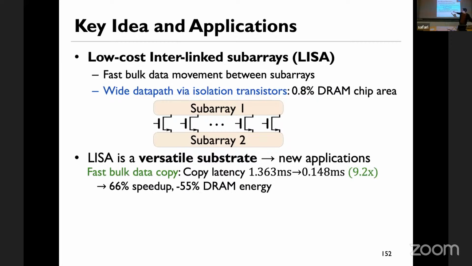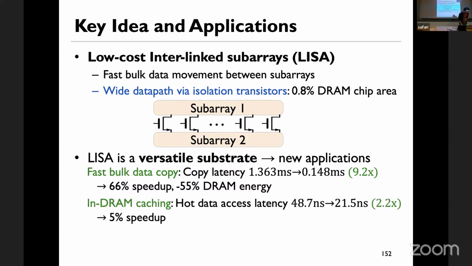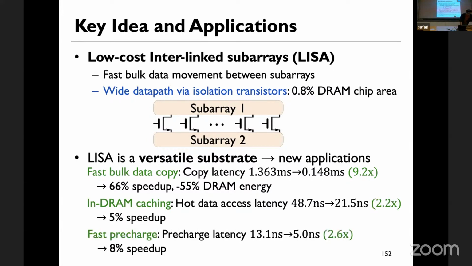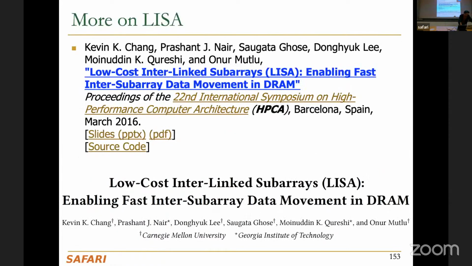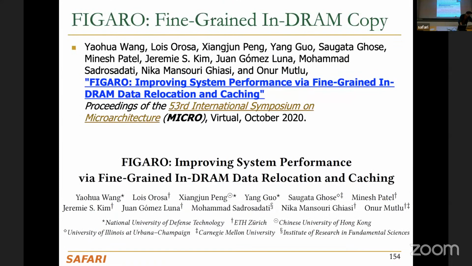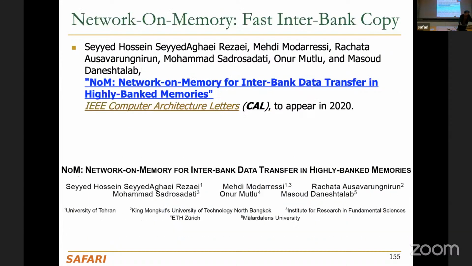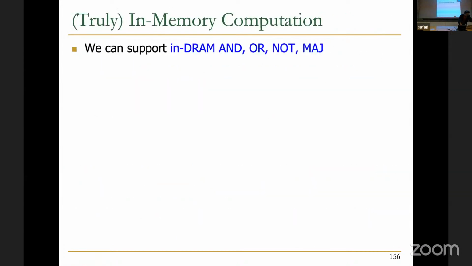For example, fast bulk data copy that is not as fast as copying inside the same subarray with row clone, but is way faster than doing it through the CPU. And here you can see also some summary of results for other applications of this technique. This is the paper. This is a link to the other paper, Figaro, also data movement at a much finer granularity, and also this network of memory.